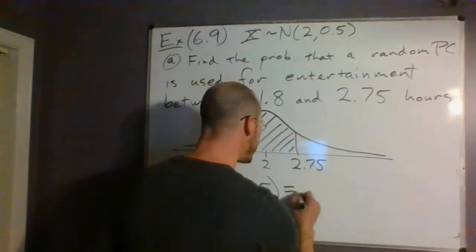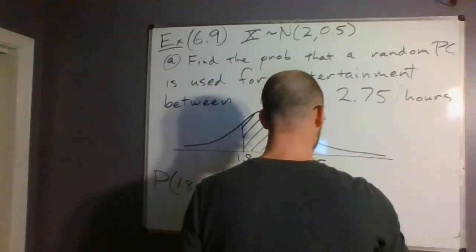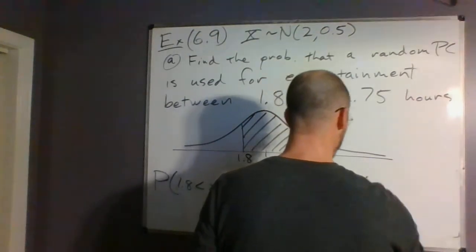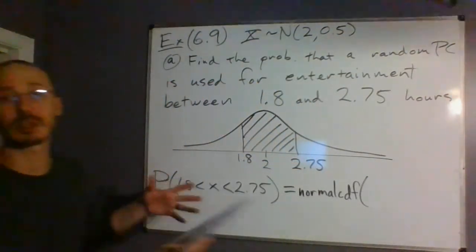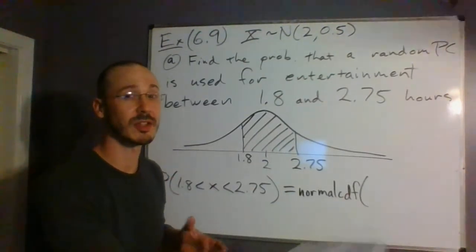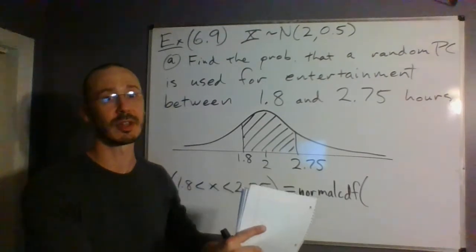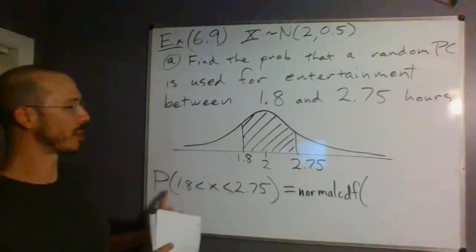To find that, I'm going to use the normal CDF. And the normal CDF is the function that's going to give us the probability. The inverse normal was the one that gave us the score, or the data value, not a probability. This one is going to give us a probability.